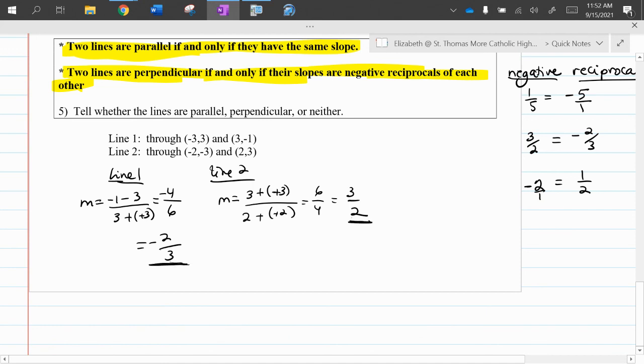Line 2 has a slope of positive 3 over 2. Those two numbers are not the same, so the two lines are definitely not parallel. But the two lines are perpendicular because negative 2 over 3 and positive 3 over 2 are negative reciprocals of each other. So these two lines are perpendicular.